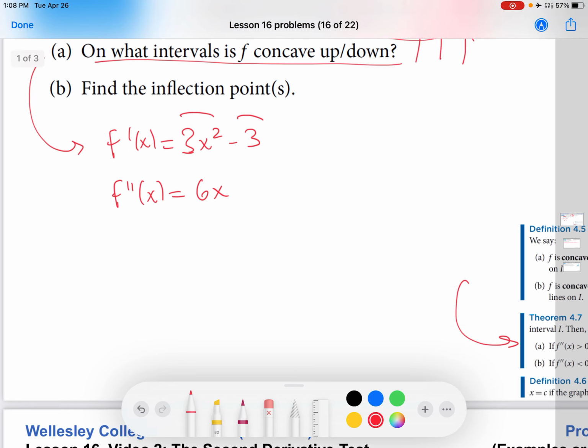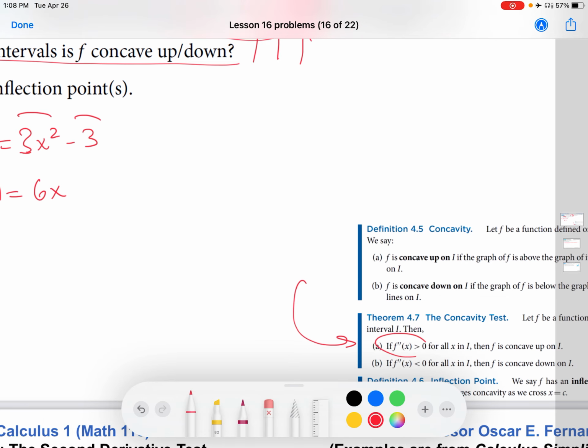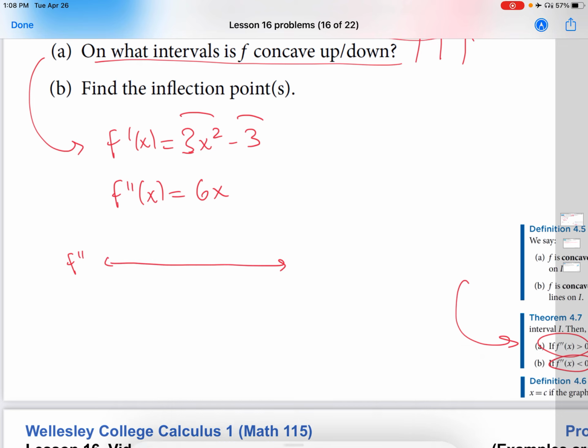Now, to find out where the derivative is positive or negative, we can use a very similar technique to what we were doing with the first derivative test. So we can create a sign chart. The suggestion here is to figure out where the second derivative equals 0 or does not exist.